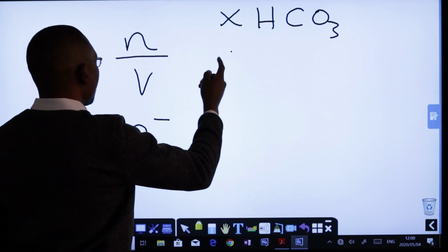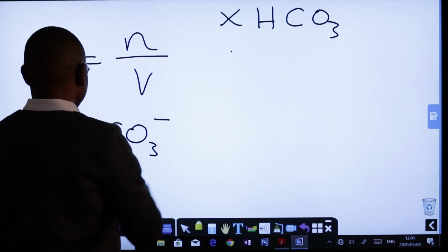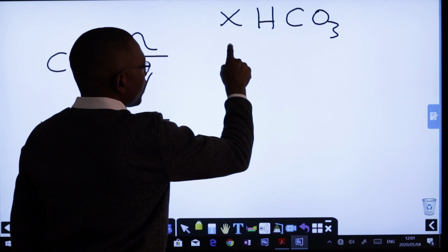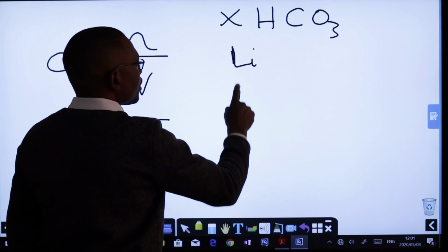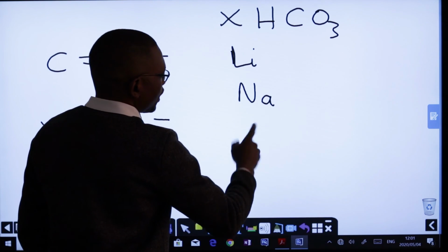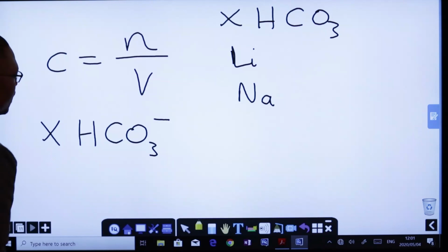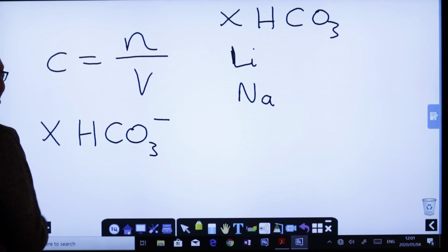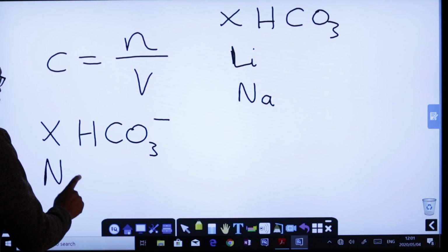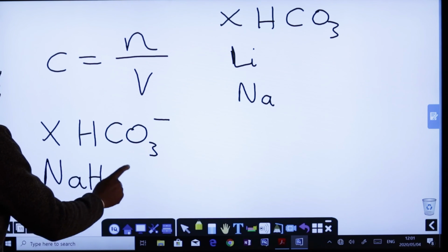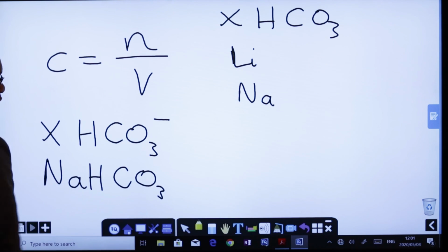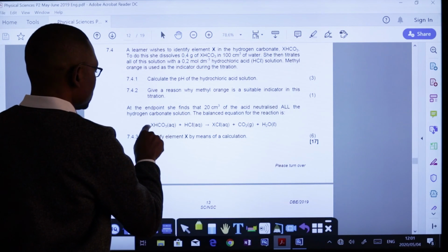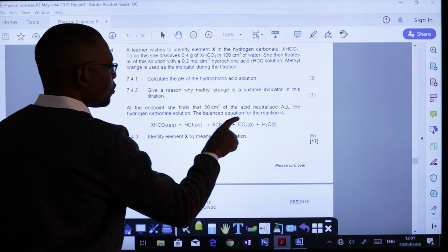And we know in group 1, since this is not hydrogen, we can start from lithium, sodium, all those other atoms in group 1. So X is most likely to be sodium, where it forms sodium hydrogen carbonate like this. And that's what will only make sense since all this is one mole.